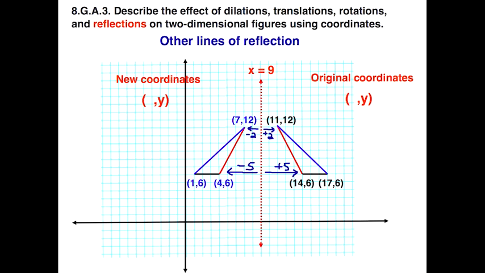Then for these two vertices, we shifted 5 to the right on one, and we have a shift of 5 to the left on the other, comparatively speaking, with respect to this new line of reflection. And then for the outermost vertices here, we're 8 away from the line of reflection on one in the positive direction, and we're 8 away in the opposite direction for the other one.